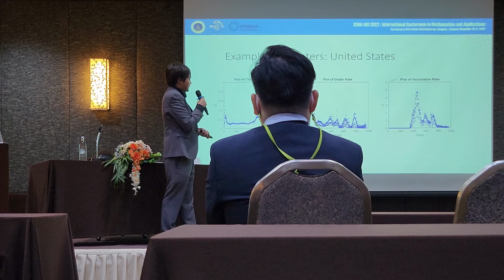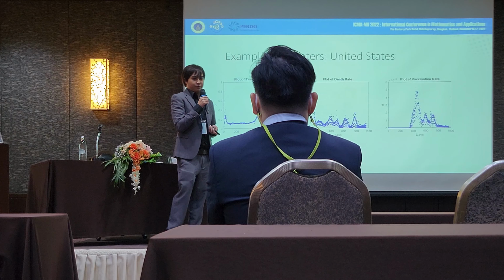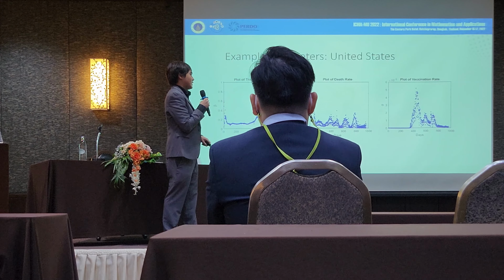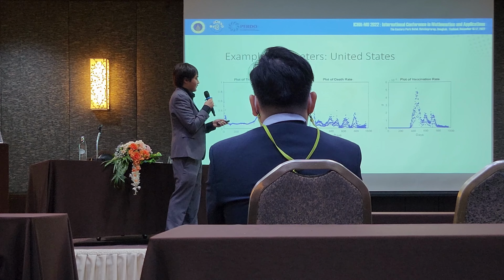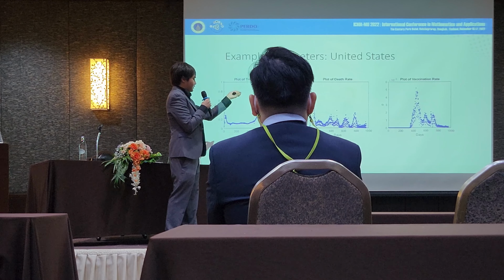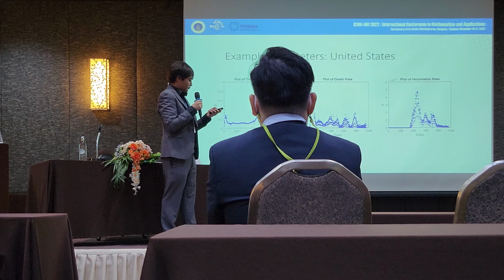And for death rate, at first it was very high, and that's why it was so concerning because a lot of people were dying from COVID-19. But eventually, once vaccines came out, as you can see from the plot of vaccination rates, the death rate significantly decreases, although it still has a few spikes here and there because of the new variants.